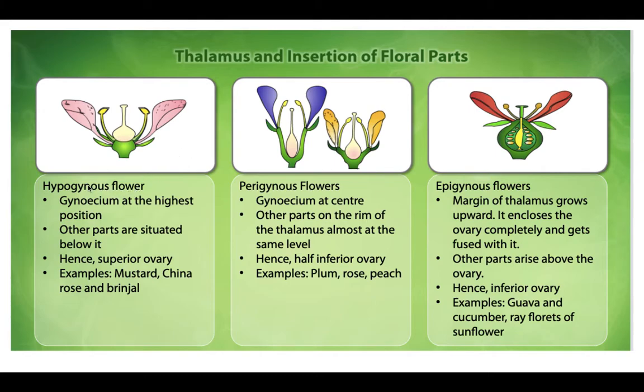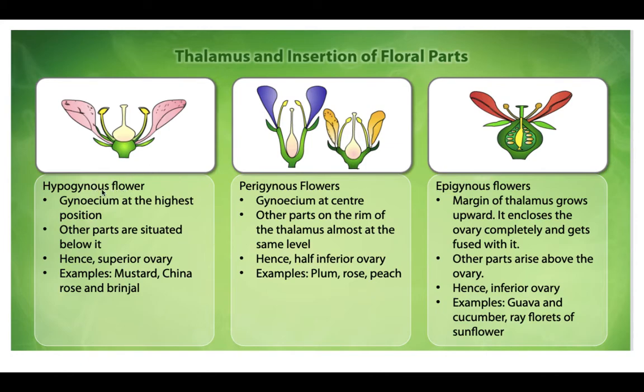One condition is known as hypogynous flower, another is known as perigynous flower, that you can see here in this figure, and the third condition of such position of floral parts on the thalamus is epigynous flower. Now let's start to learn and differentiate these three types of floral part positions inserted on the thalamus.